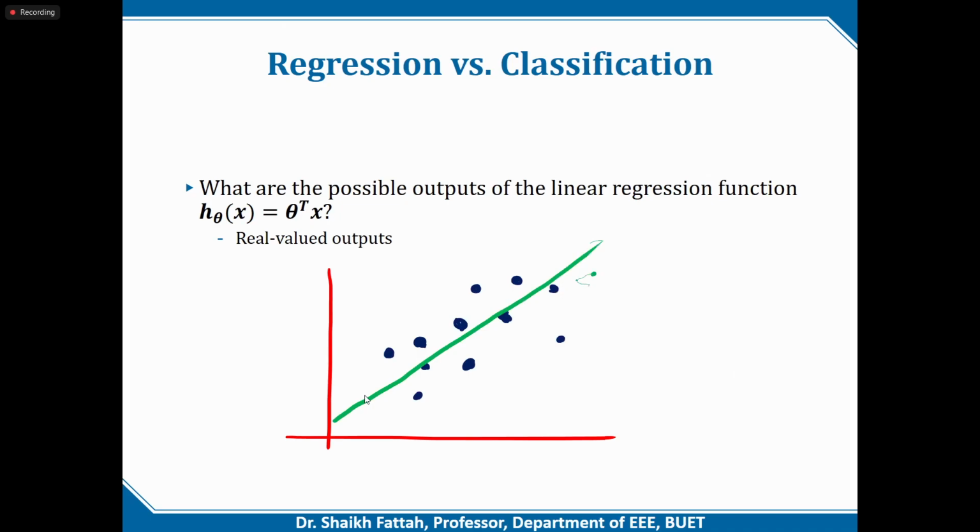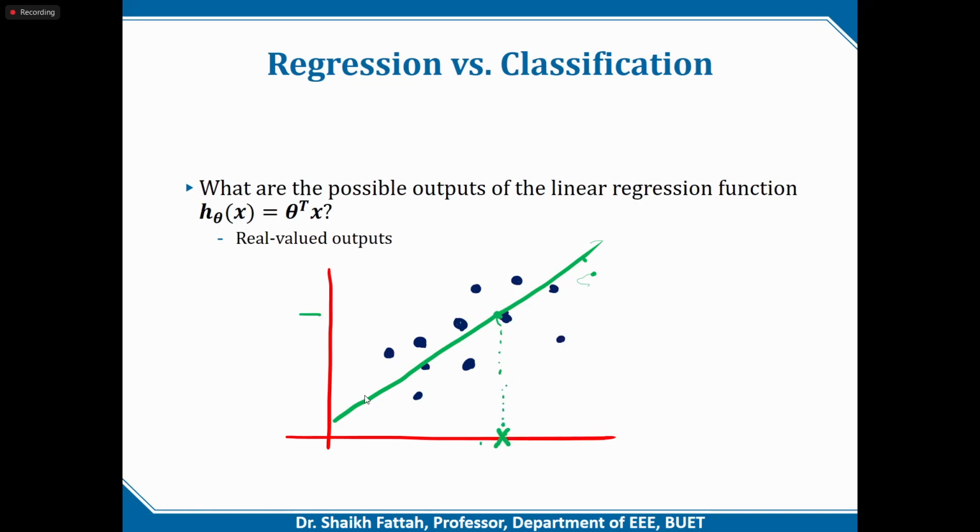This is the linear regression. So during a test phase in reality, let's say you have one test value here. You go there, you can say this is the prediction value.